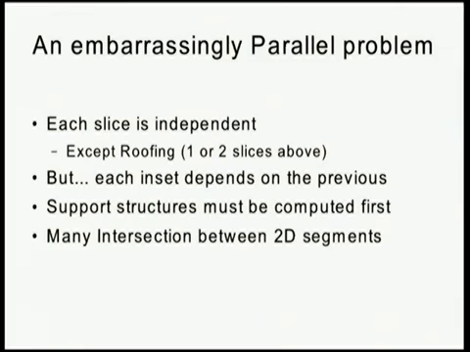So I'm going to pause here to say a little bit about parallelism. The problem of slicing an object and making a 3D object out of it is very parallel. I mean, each slice can almost be completely calculated independently. And of course, when you're insetting polygons, this is kind of a linear process.